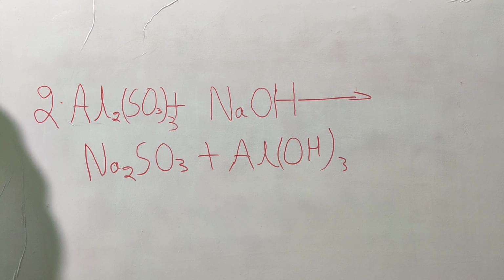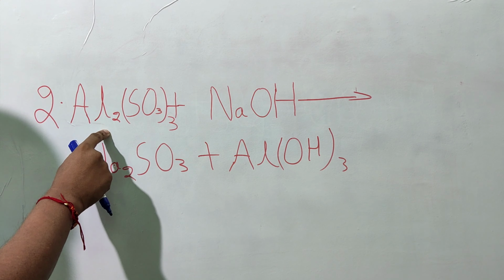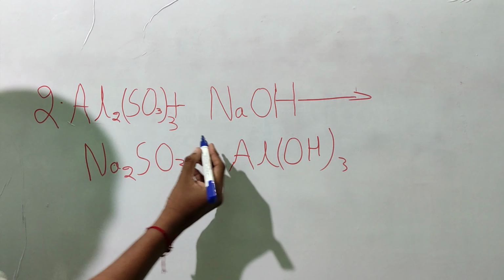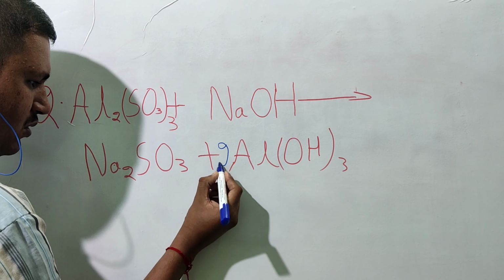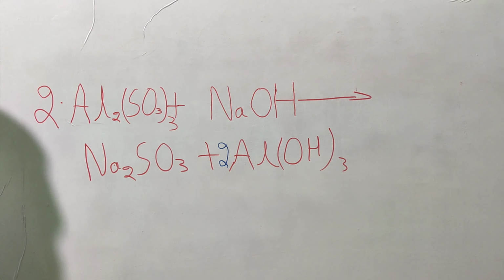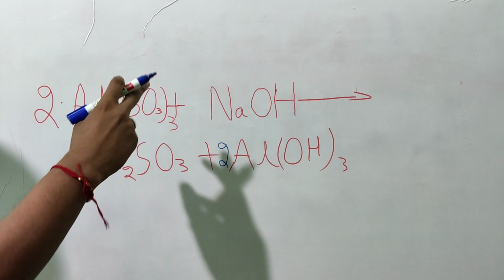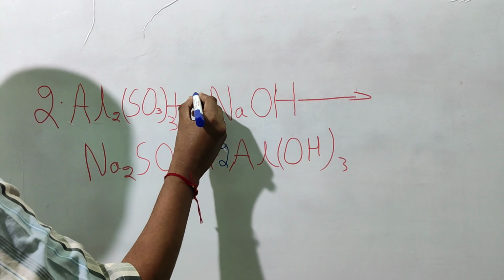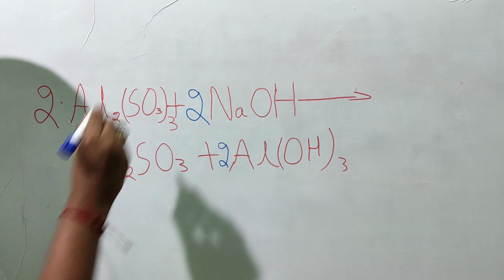First, aluminium is 2 in the reactant side and 1 in the product side. So first make aluminium 2 in the product side. Next, sodium is 2 in the product side. In reactant side it is 1. So make sodium as 2 in the reactant side.